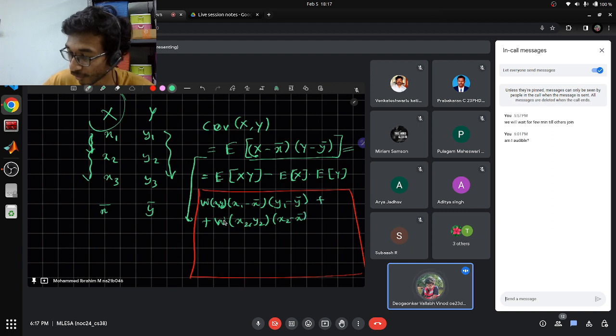So I'm just going to add this up: weightage of x1 y1, weightage of x2 y2 times (y2 minus y bar), plus weightage of x3 y3 times (x3 minus x bar)(y3 minus y bar).